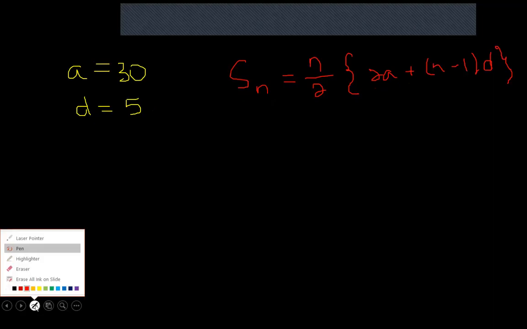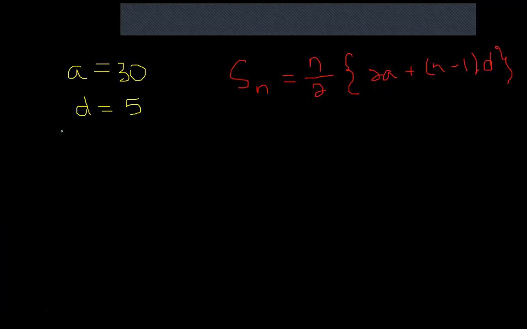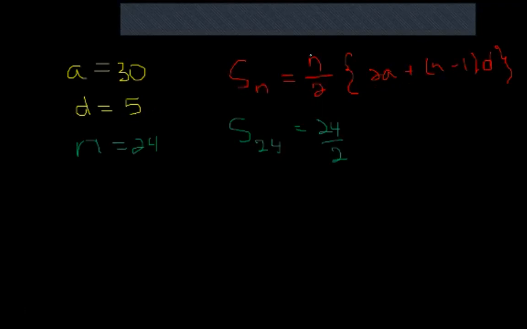I want S when n is 24. I already have my a and my d. All I need to do is substitute these values. So S24 would be 24 on 2. Instead of n, I replace it with 24.